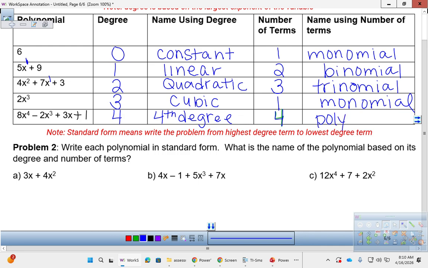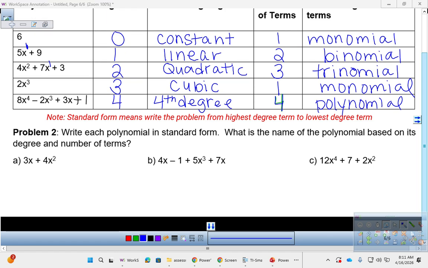Poly means multiple. So if you're looking at an equation that has 10 terms, we're going to call it a polynomial rather than give each of those numbers a name. So x to the 4th minus 2x to the 3rd plus 3x plus 1 is a 4th degree polynomial.